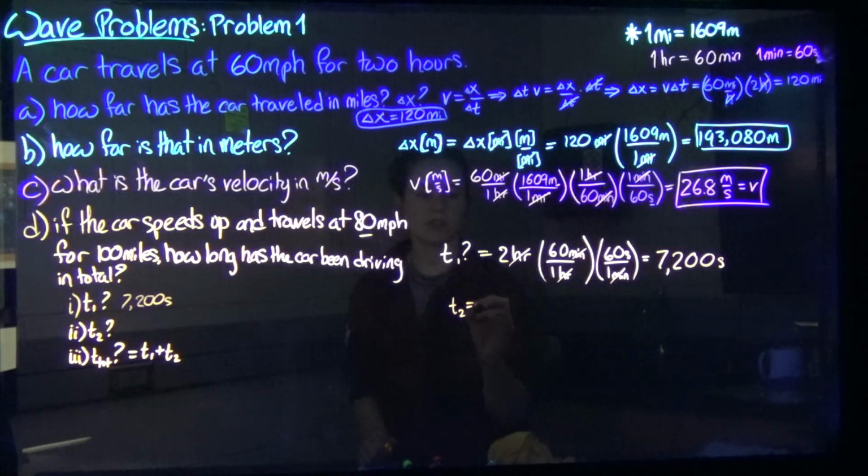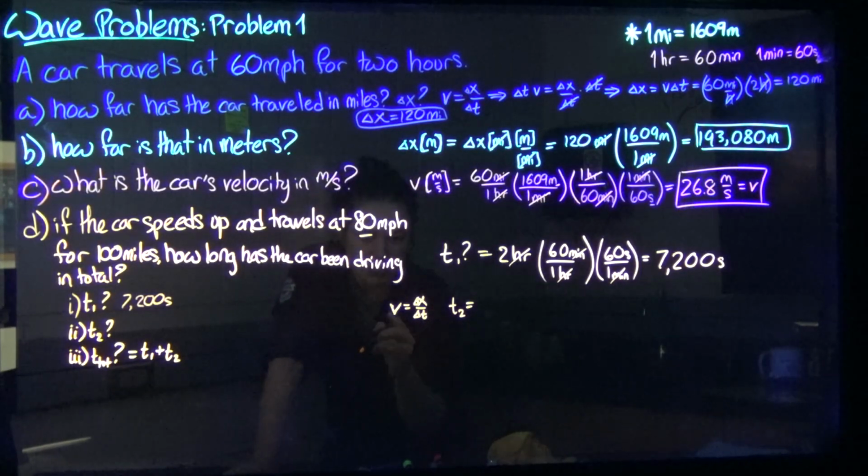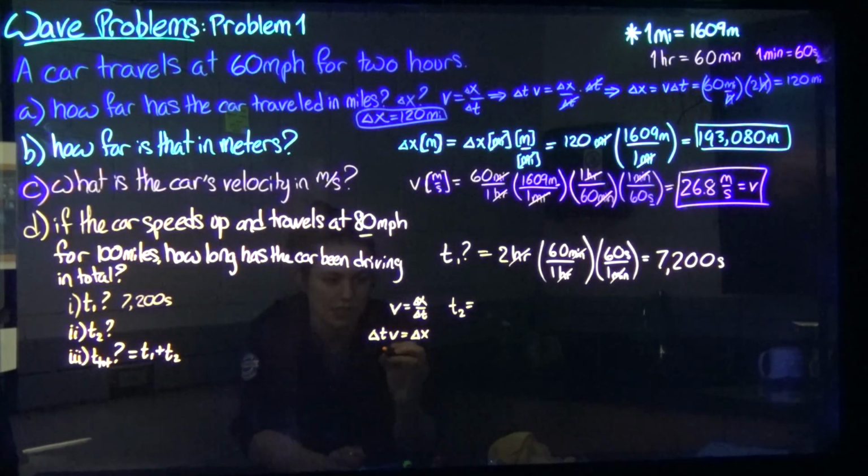And then let's find our T2, which is 80 miles per hour for 100 miles. So here we can use V equals delta X over delta T. If we solve this for delta T, we're going to multiply both sides by delta T. That's going to give us that. And now we're going to divide by V to give us delta T by itself.